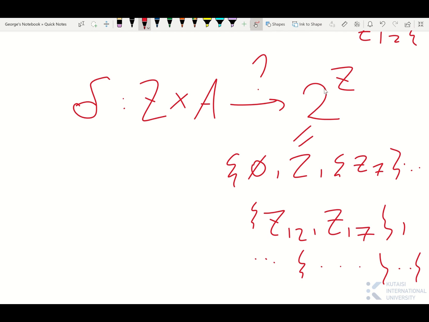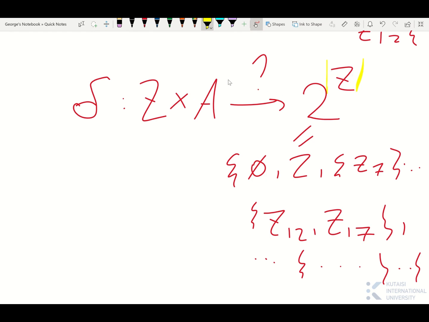How many elements are in all possible subsets of Z? 2 to the power Z. This is why this is the notation. It doesn't mean a number, it means 2 to the power Z, but how many elements are there?